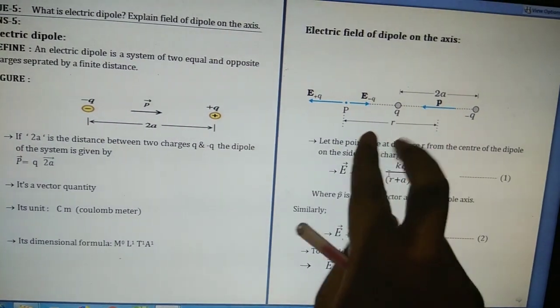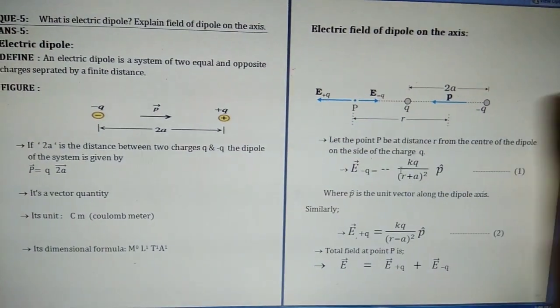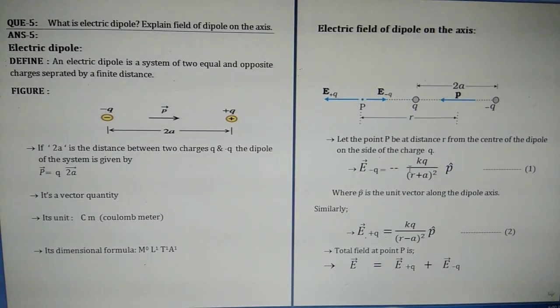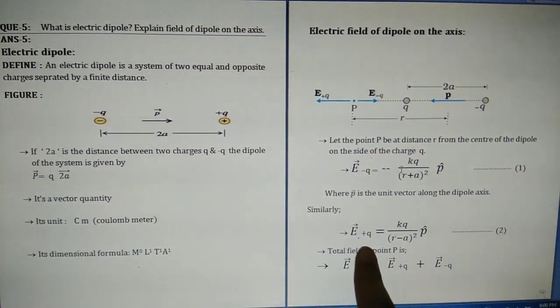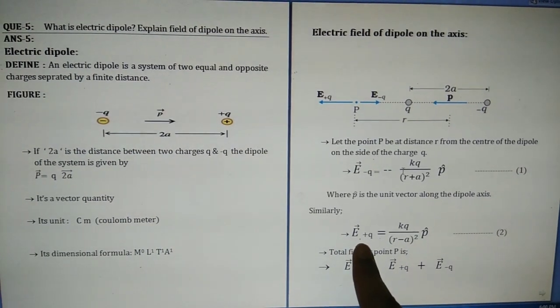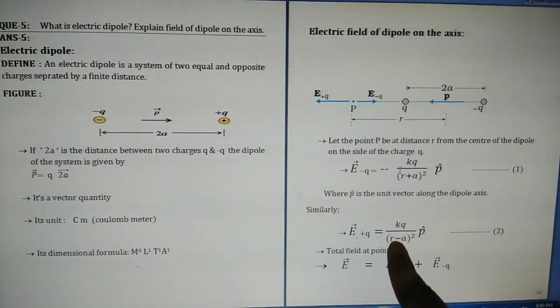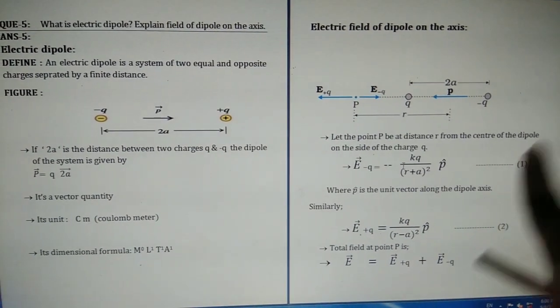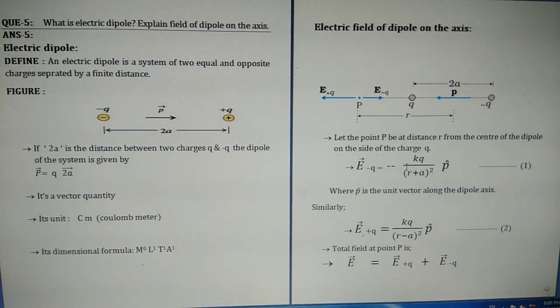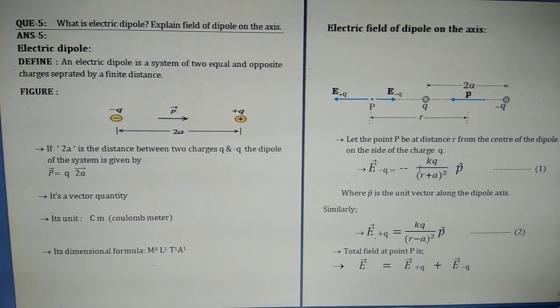So the electric field at point P due to the positive charge is kq upon (r minus a) whole square, p cap. So we have the individual electric fields due to the plus q and minus q charges.